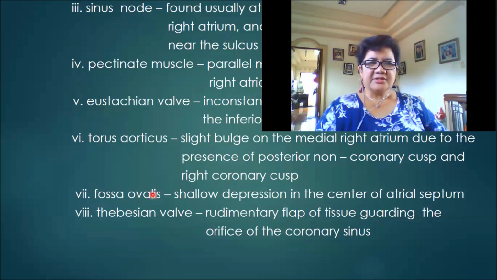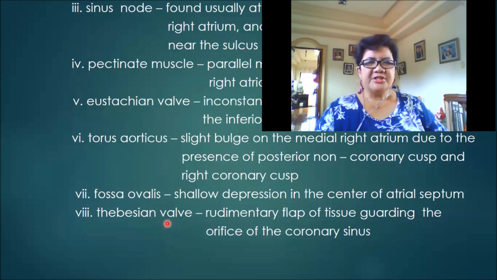In the embryonic cardiac cycle, what will enter your right atrium will just be a small amount of blood, because most of the blood will go from the right atrium to the left atrium, then go to the left ventricle.